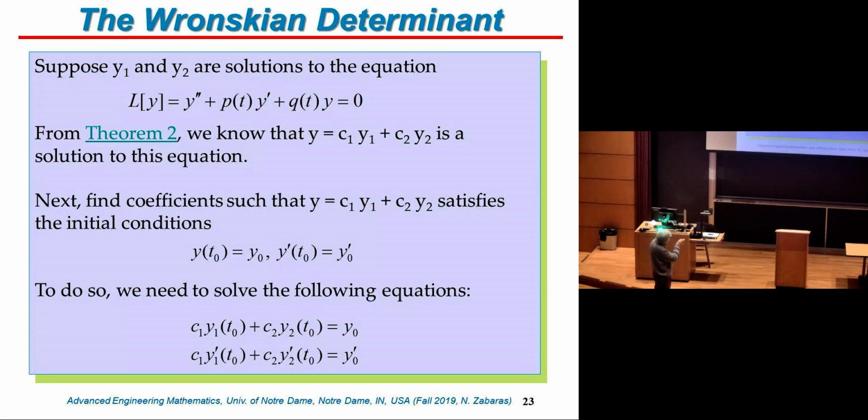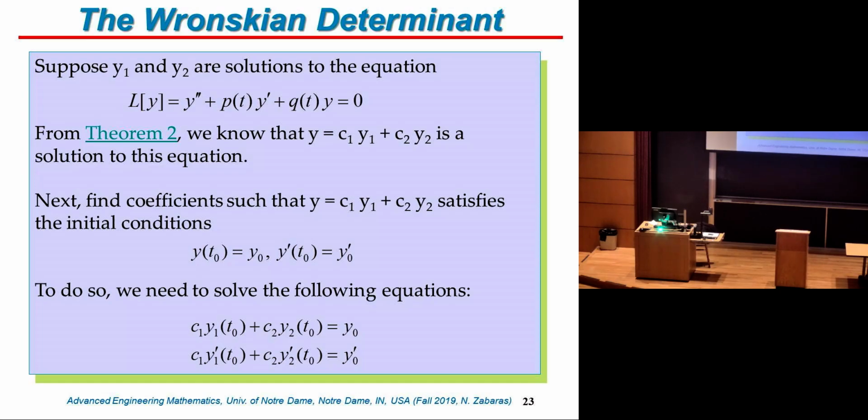So let's say that we compute two solutions, y1 and y2. Will you agree with me that if I take a combination of y1 and y2 for this linear problem, this combination will also be a solution? Right? If y1 and y2 are solutions of this, will you agree with me that this combination will also be a solution?